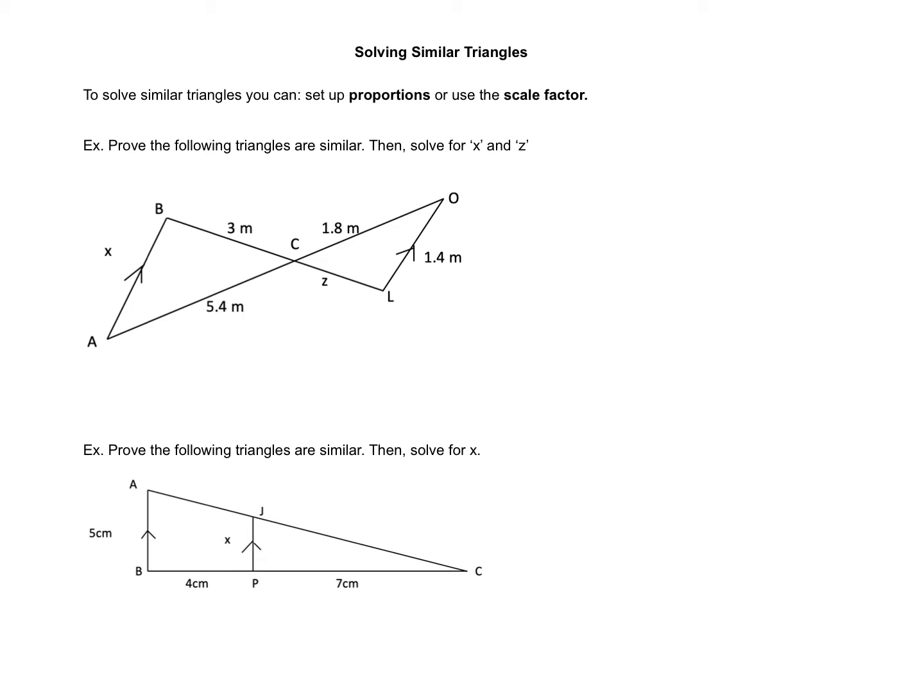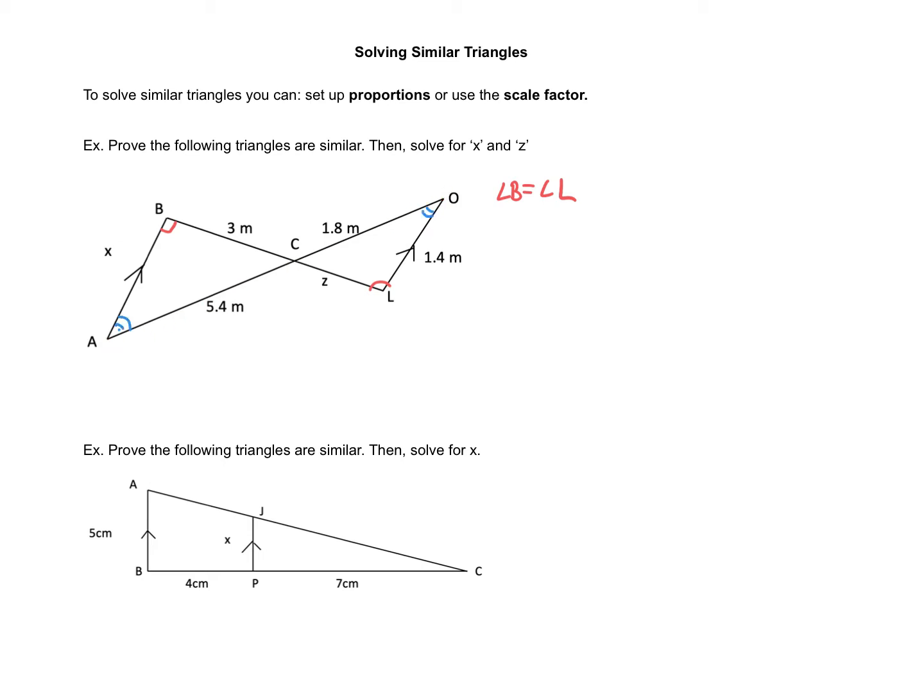So if I were to do a Z pattern here, my Z like this, then angle B and L would be similar. Angle B equals angle L. If I did another Z pattern right here, then A and O would be similar.